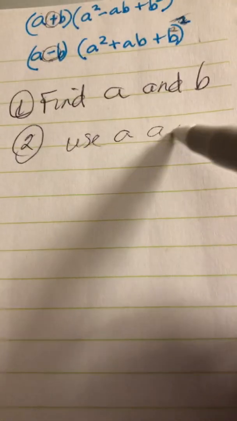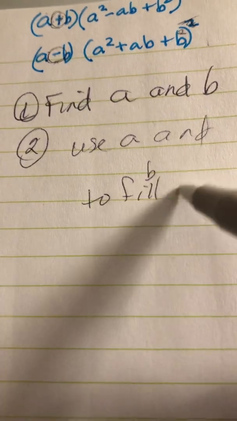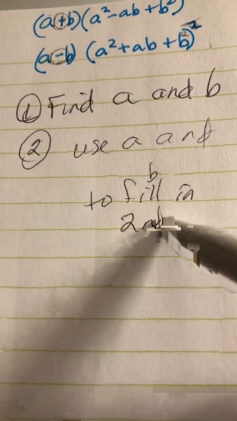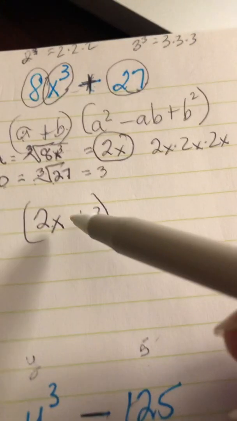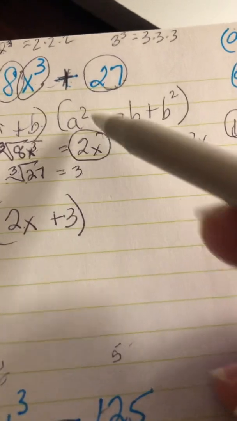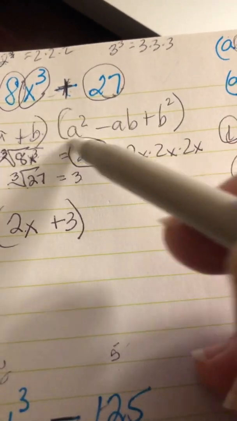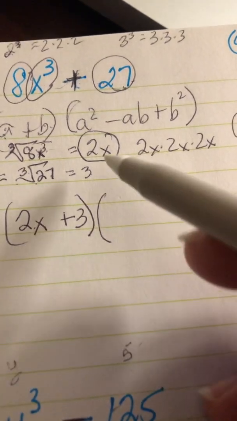Now, once you know the A and B, then you're going to use A and B to fill in the second part. You're not even going to look back at the original problem at all. Now that we know that A is 2x and B is 3, now we can fill in this second portion. It's saying take A and square it. So A is 2x.